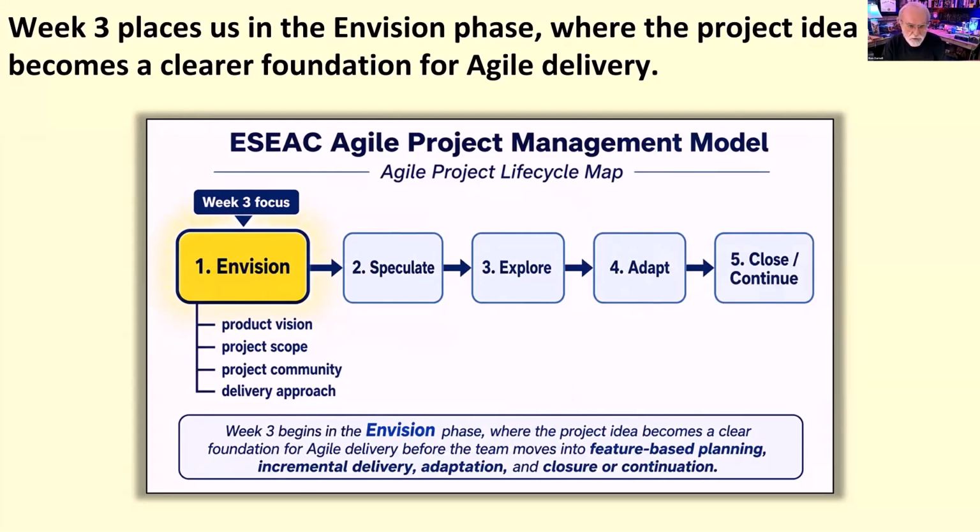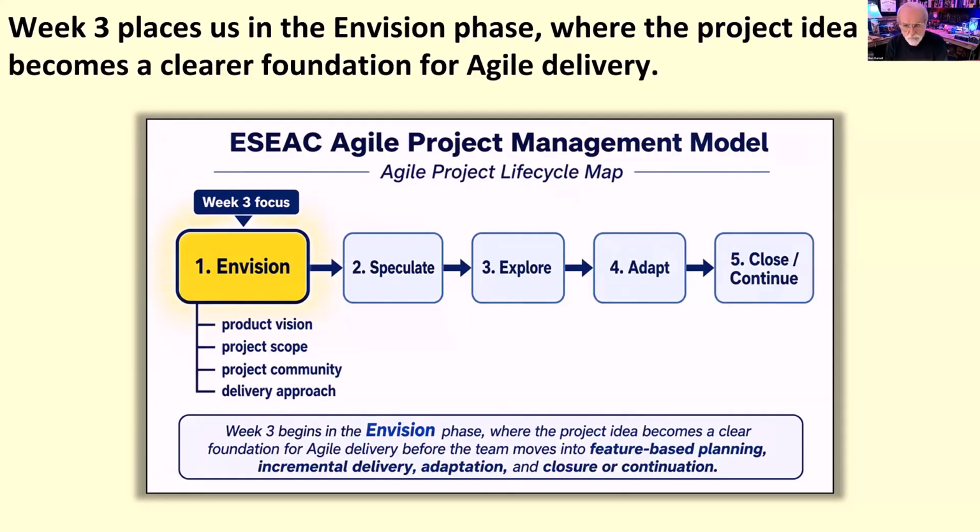And so we're using the ESEAC model, and basically it's a flexible and disciplined way to move from vision to delivery. It's one of the Agile models out there. And one of the reasons that I like to use it for this class is it kind of supports small projects, and you can also scale this up too if you need to.